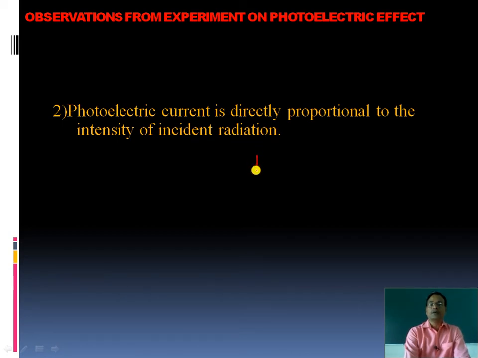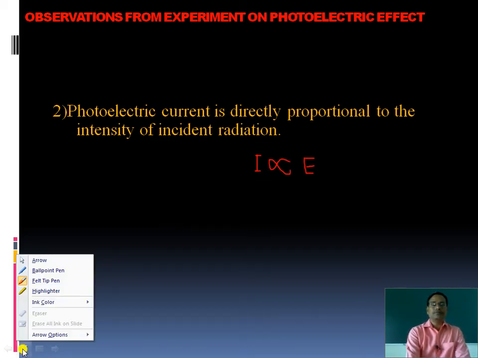Means as we go on increasing the intensity of incident light, the photoelectric current increases in direct proportion. If we go on increasing the number of photons incident per unit time, the photoelectric current increases. So this is the second observation from the experimental study.